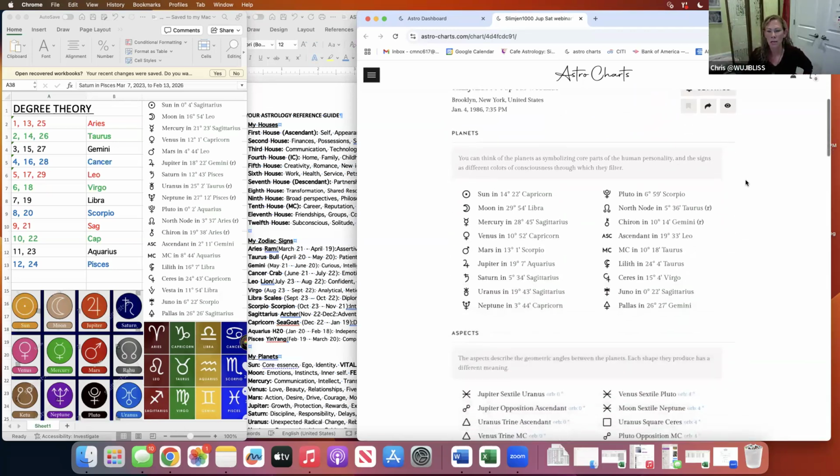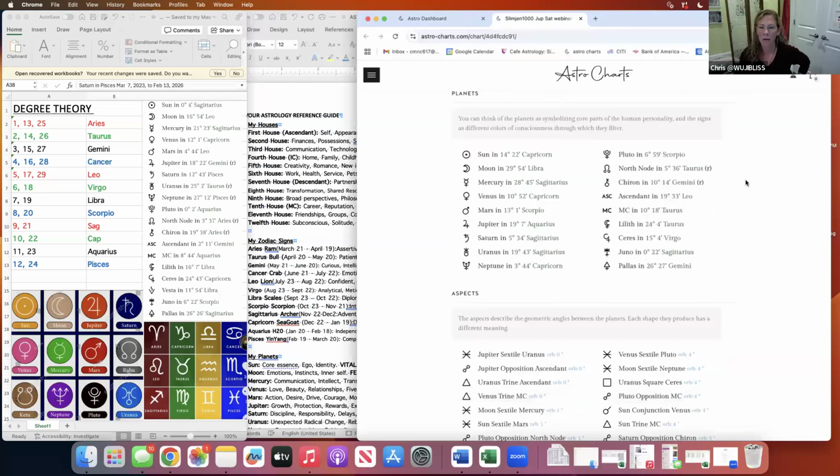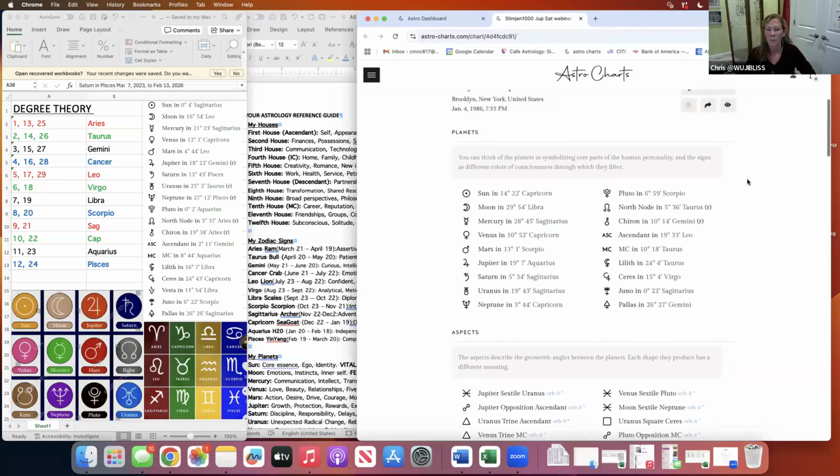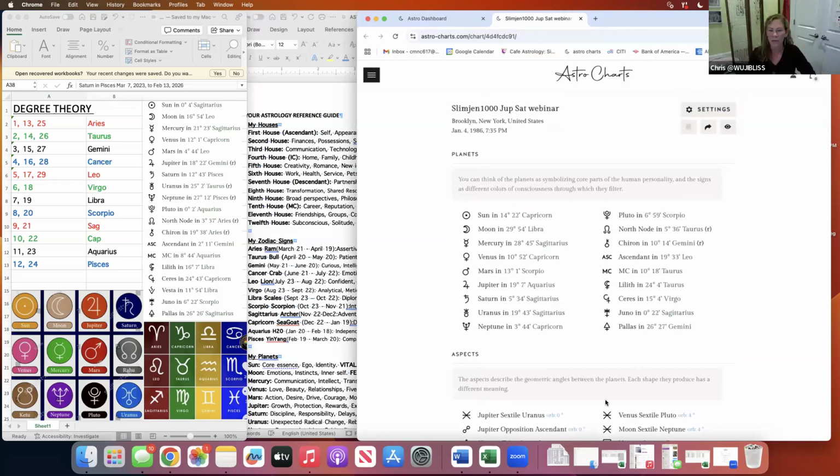Remember, we talked in our aspects webinar about the power of our aspects. And if you look here on my screen, you're going to see that Jupiter, the planet of luck and protection and benefits and rewards and bliss, is in direct opposition to our ascendant in Leo at a 0-degree orb. What does that mean? So our orbs really count to 12.